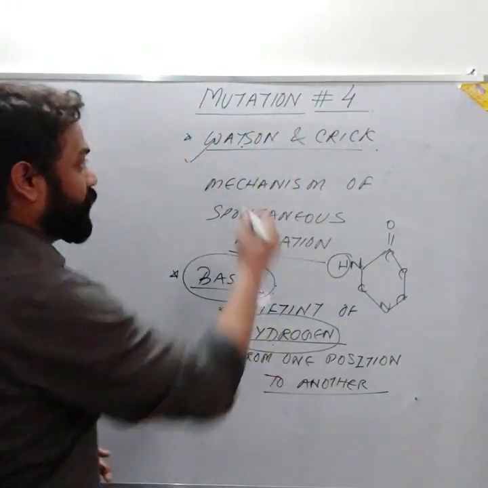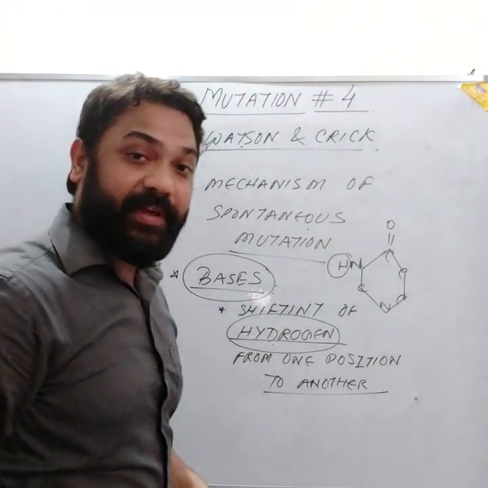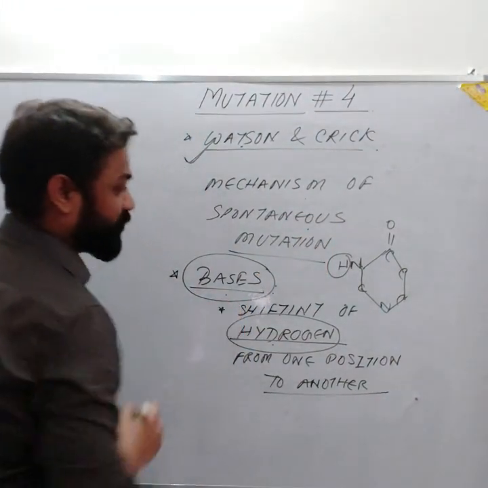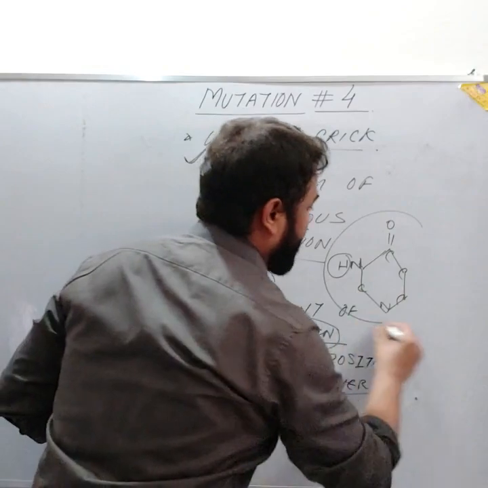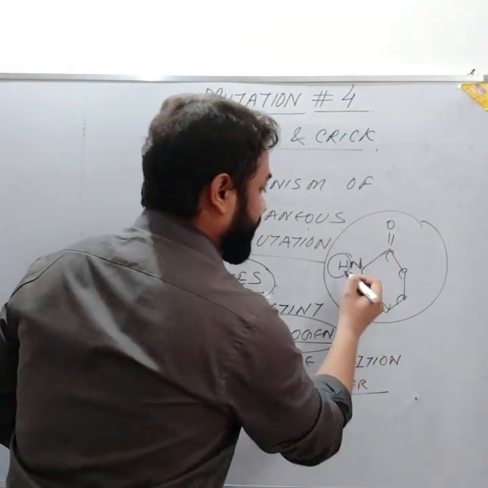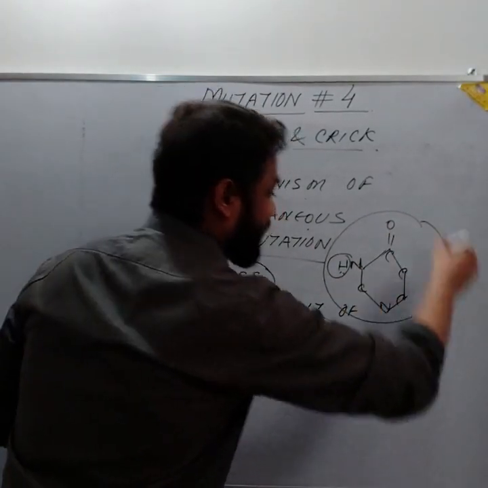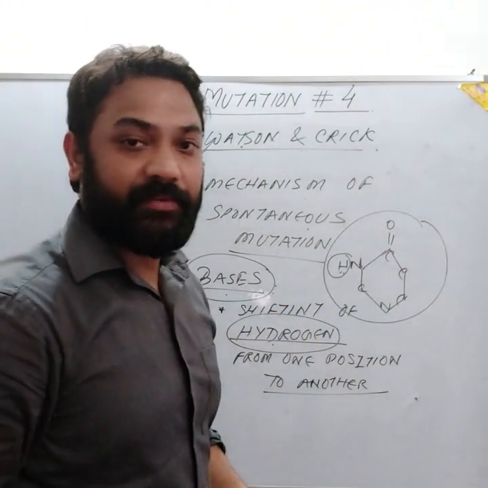Along with the structure, what Watson and Crick pointed out about the mechanism of spontaneous mutation is that the structure of bases is not static. That means the structure changes due to the shifting of hydrogen from one position to another within the structure. Is it very clear?